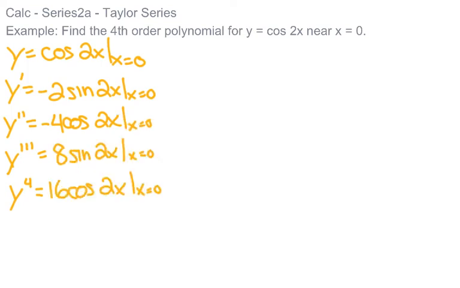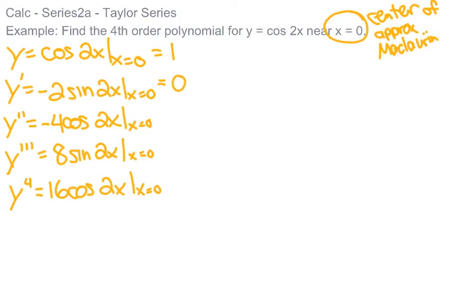There we have all the derivatives, and we'll plug in x equals 0. Why? Because that's our center of approximation. And because it's at x equals 0, that's called a Maclaurin series. Here we go. Cosine of 0 is 1. And then the next term is 0 because sine of 0 is 0.